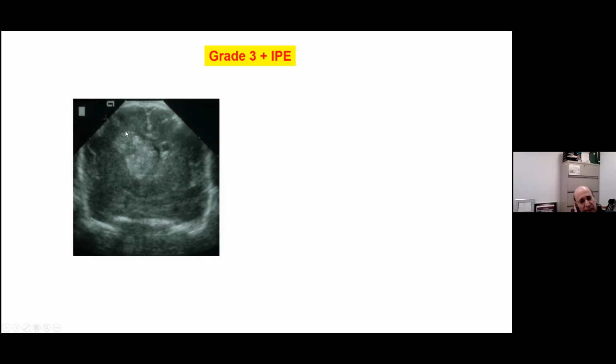You can see adjacent to the frontal horn of the right ventricle, you can see this increased echogenicity. Now, the question is, is this separate from this, or is this edema or whatever?